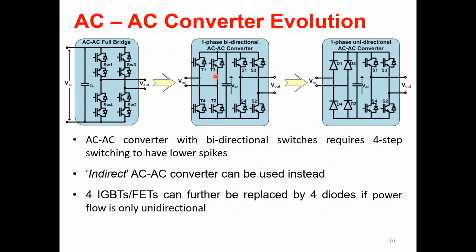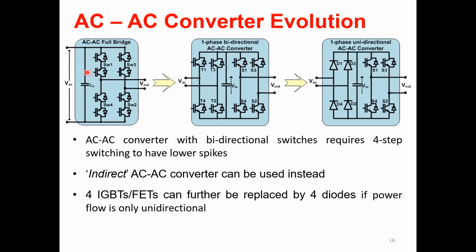Traditionally, when you need AC to AC conversion, you need to have a 4-quadrant operation of the switches. The regular switches that we have at high power, like IGBTs, IGCTs, and even silicon carbide MOSFETs, are not 4-quadrant devices, right?